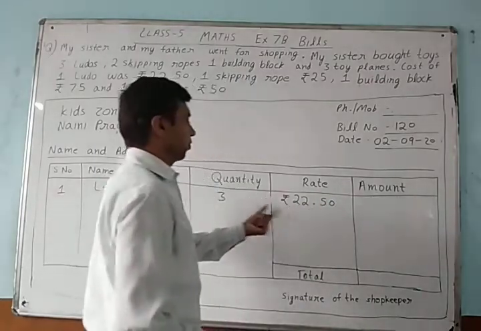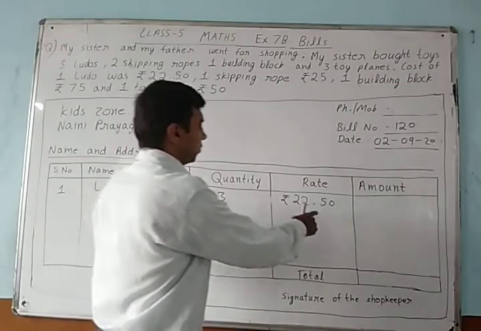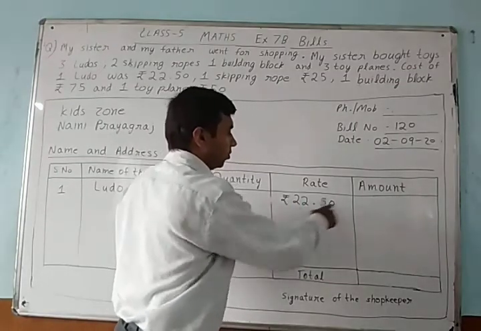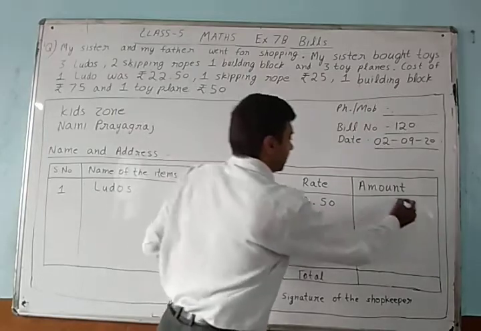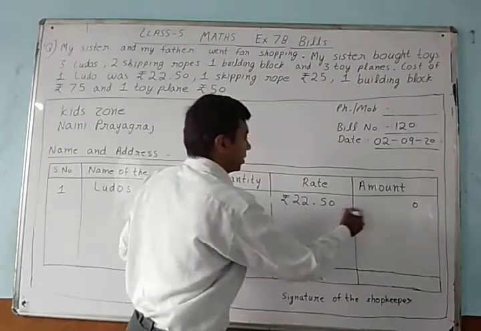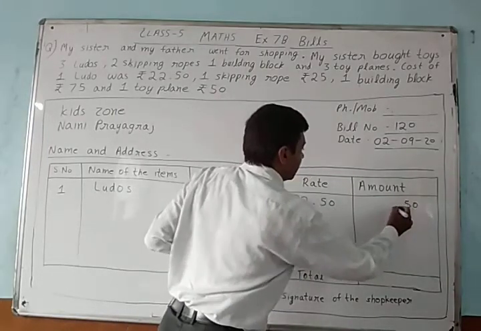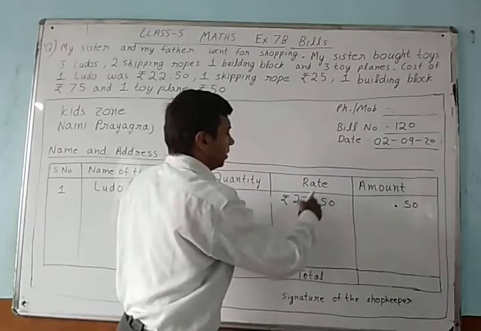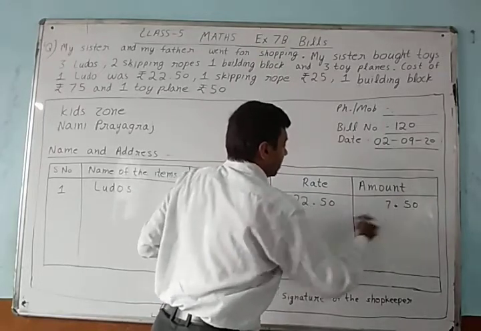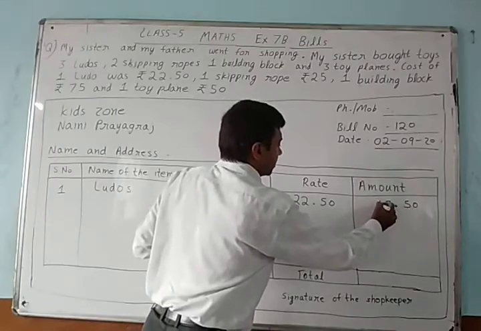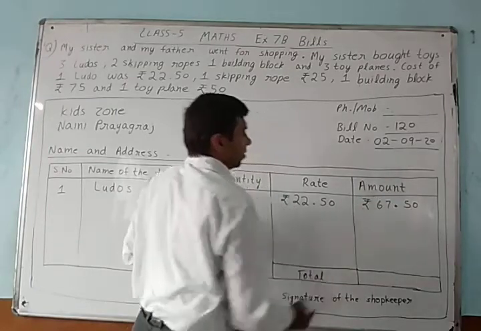Cost of 1 doodle is 22.50. Now cost of 3 doodles, students, we multiply. 3 times 0, 3 times 5 is 15, 3 times 2 is 6, plus 1 carry, 7. Now 3 times 2 is 6, rupees 67.50.